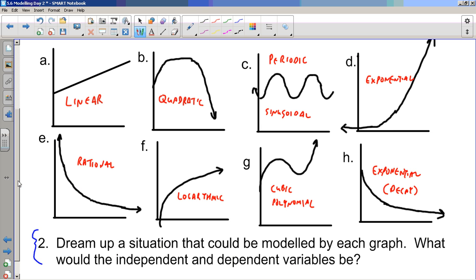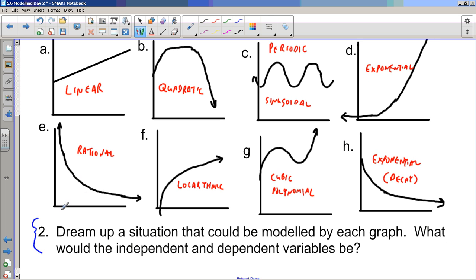This is one of my favorite ones to ask people to come up with a situation. What would be rational, and what's the variable here to make a rational equation? I like this one: number of workers and time to complete a job. Think of a construction site or something like that.